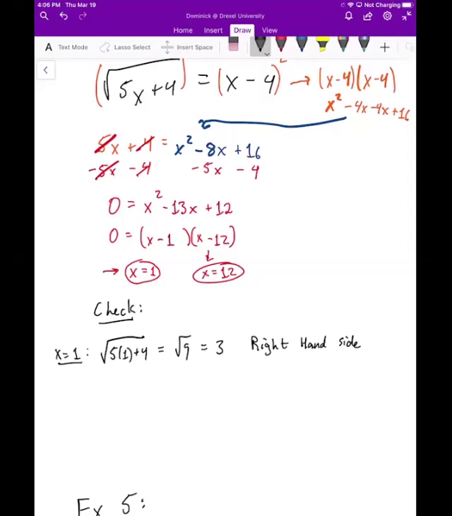But if we look at the right-hand side, we get an x minus 4, so a 1 minus 4, and that's negative 3. So this is the first case where these two things are not equal. So then that means that x equals 1 is an extraneous solution.